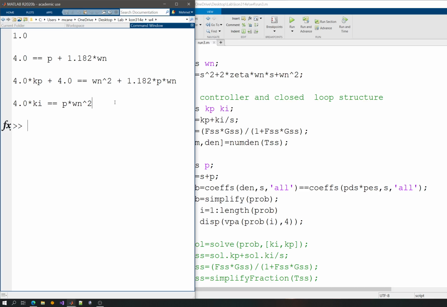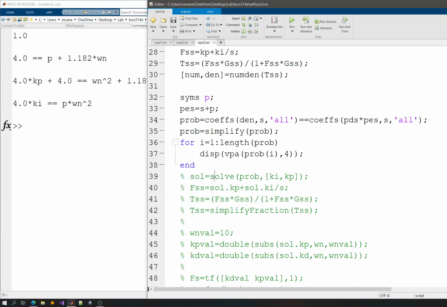equations and 4 unknowns, which gives me an infinite amount of possibilities to choose P, omega, and Kp and Ki pairs here. So it's a 4 degree equation set, and I have a relation between them and 1 free parameter. I can choose the free parameter as I wish because I can go ahead and maybe choose P, then I can evaluate omega n in terms of P and use omega n and P here in order to evaluate the Kp in terms of P, and then it's also possible to look for Ki.